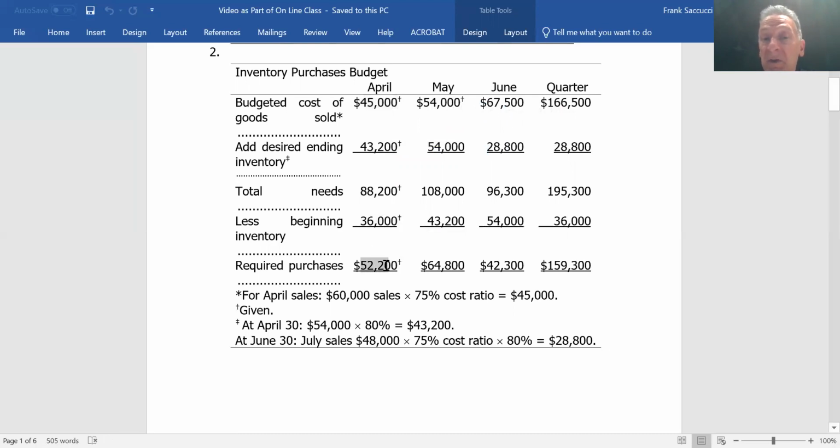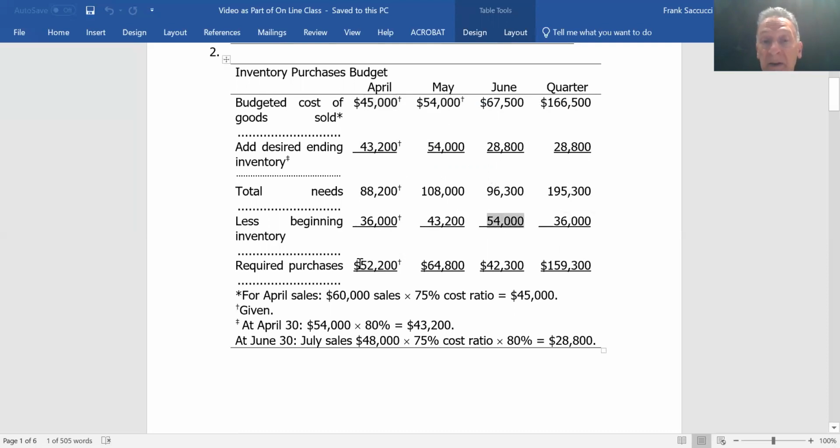I'm going to purchase 52.2, added to my 36, that gives me 88.2. Out of that 88.2, I believe 43.2 will stay as inventory at the end of the month, and 45 will be surrendered. Remember, one month's ending is the next month's beginning.